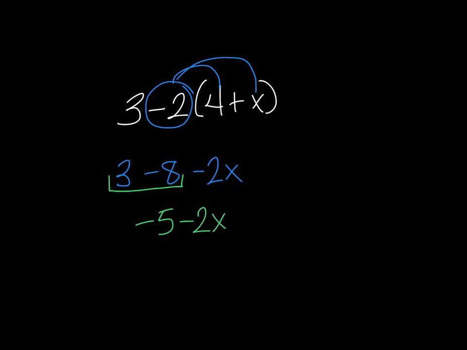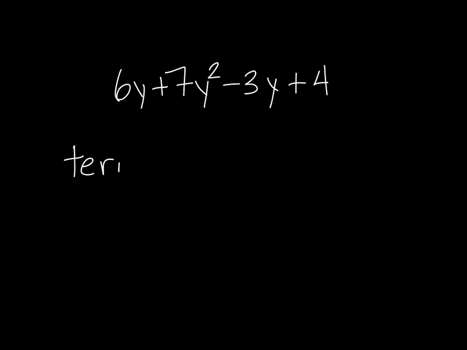Okay, so the only other thing I really want to talk to you about is some vocabulary here. I'd like you to make sure these get into your notes. So let's say I have 6y plus 7y squared minus 3y plus 4. Here's some vocabulary. We have term. A term is separated by a plus, minus, and equal sign.